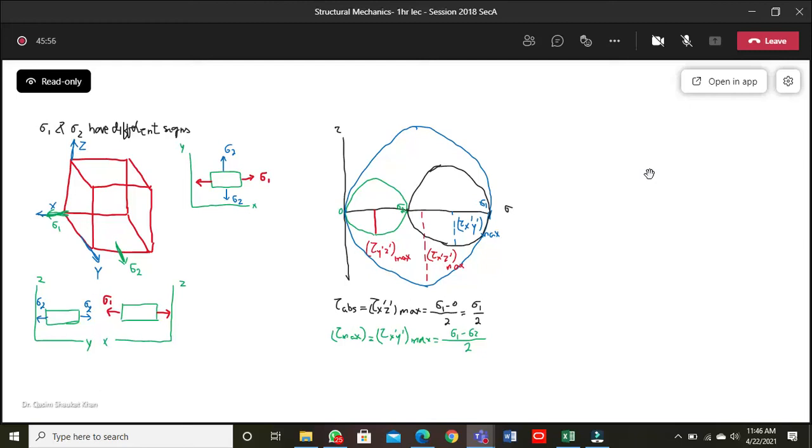So now for this, I keep sigma 1 as tensile and I change sigma 2.